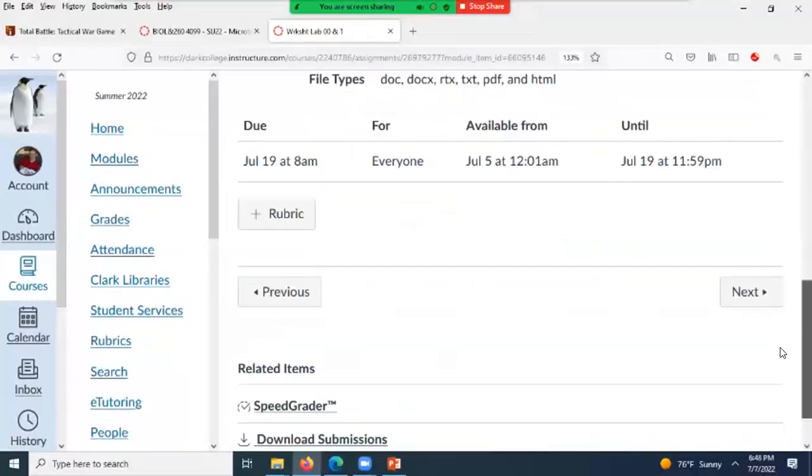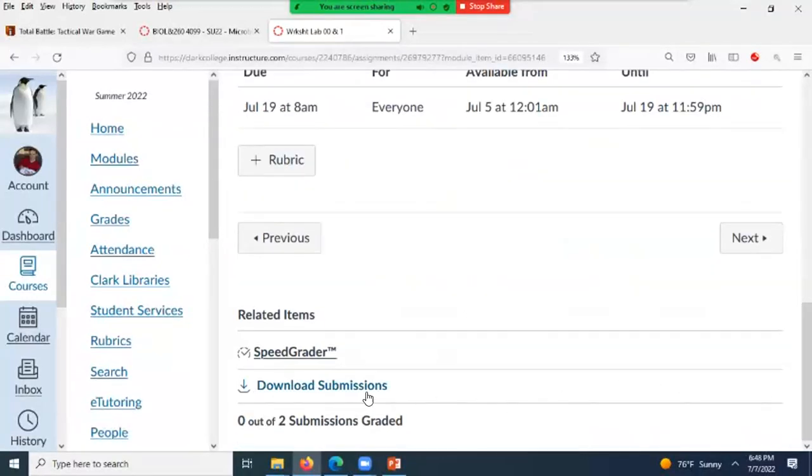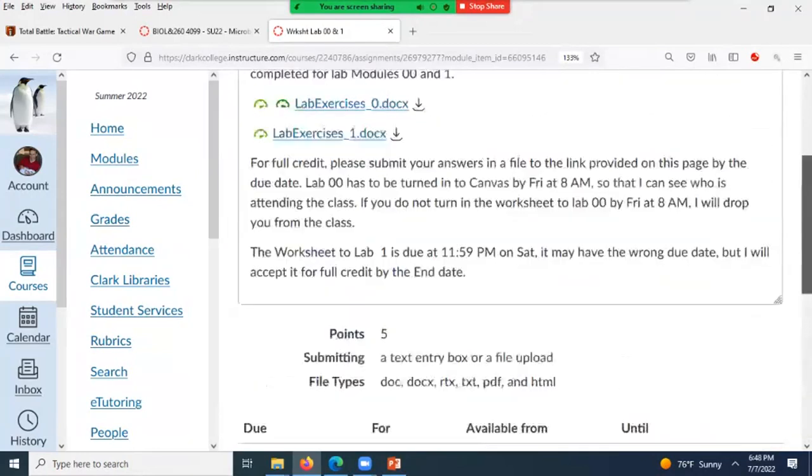I'm pretty sure you can submit multiple documents. I don't have the link, but down here, there should be a submit button. Okay. If it only allows one, I'm pretty sure it allows you to submit multiple documents. Okay, sounds good. Thank you.